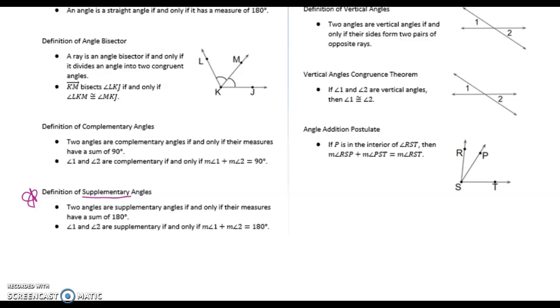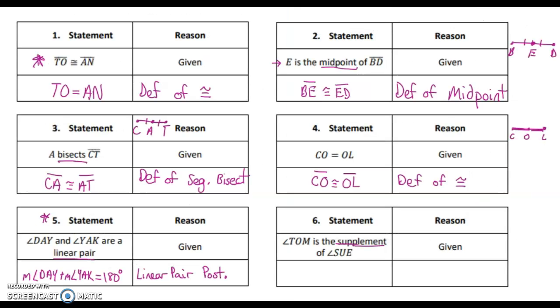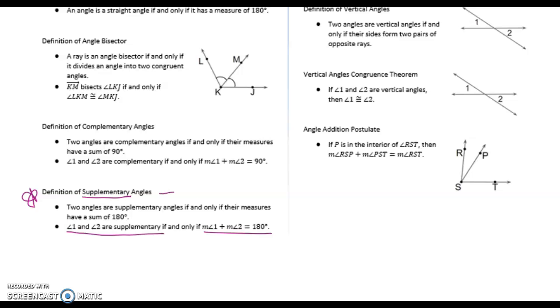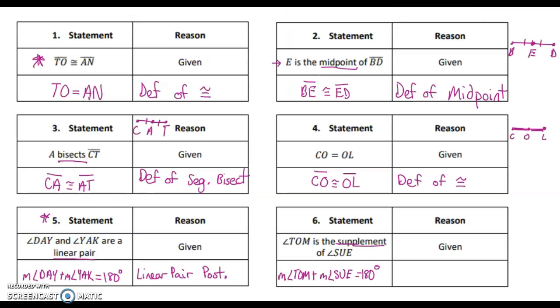So if you know angle 1 and angle 2 are supplementary, then you can say measure of angle 1 plus the measure of angle 2 equals 180. Well, that's essentially what we know. We know two angles are supplementary, so we can say the measure of angle TOM plus the measure of angle SUE equals 180. And the reason there, if we look at the title, that was the definition of supplementary angles. So that is our reason.